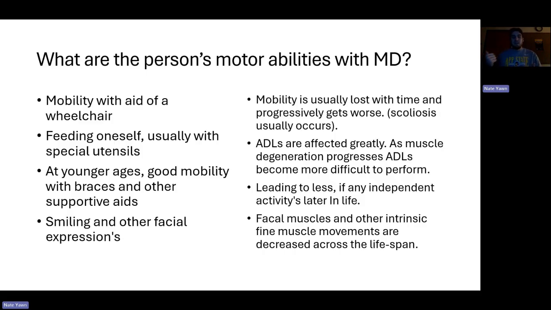ADLs are affected greatly as muscle degeneration progresses, which becomes more difficult to perform ADLs. This all leads to a less independent life, if any independent life activities later in life. Intrinsic muscle movements such as writing, facial expressions such as smiling, decrease across the lifespan.